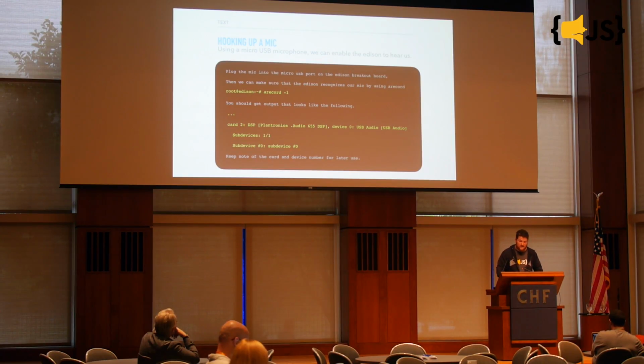That's going to list out all of the audio input accessories that the Edison is currently recognizing. And we don't need to do too much else for setup for that. We just need to pay attention to the device number that comes back and the card number, because we're going to need that later when we're writing our Node app.